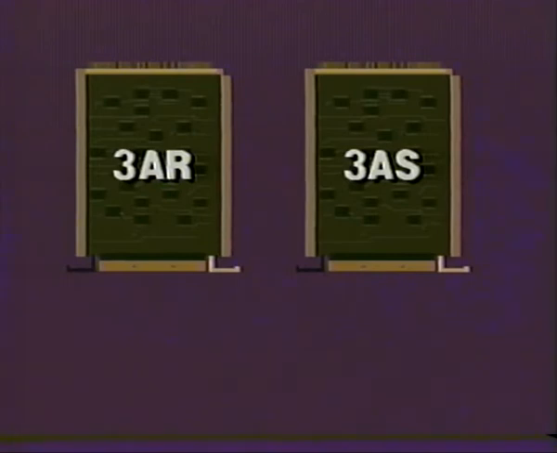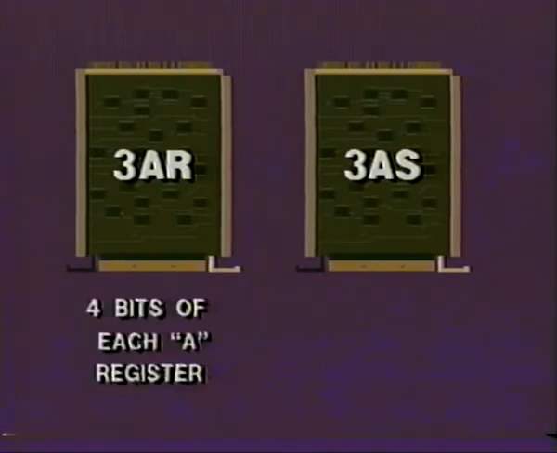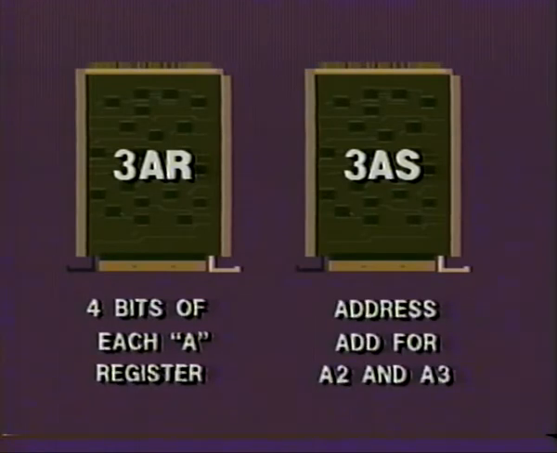The modules to be used in this operation are the 3AR module and the 3AS module. The 3AR holds 4 bits of each A register, and the 3AS performs the address add function for A2 and A3. Looking at the instruction, you should know that the last 3 fields are called the I, J, and K fields.